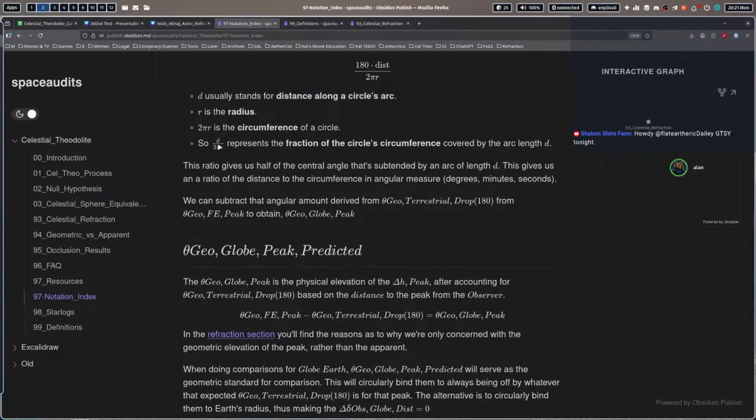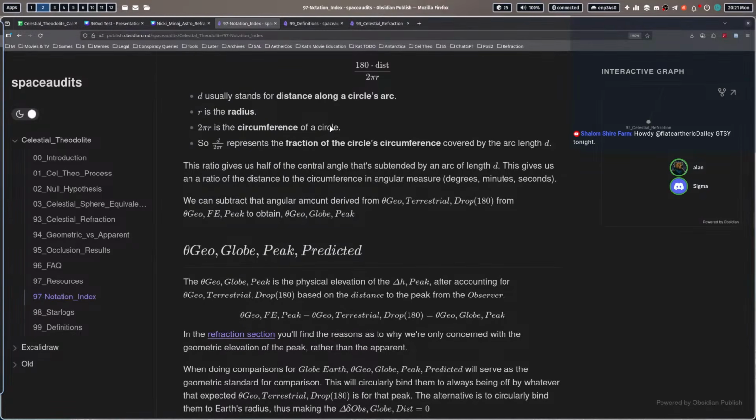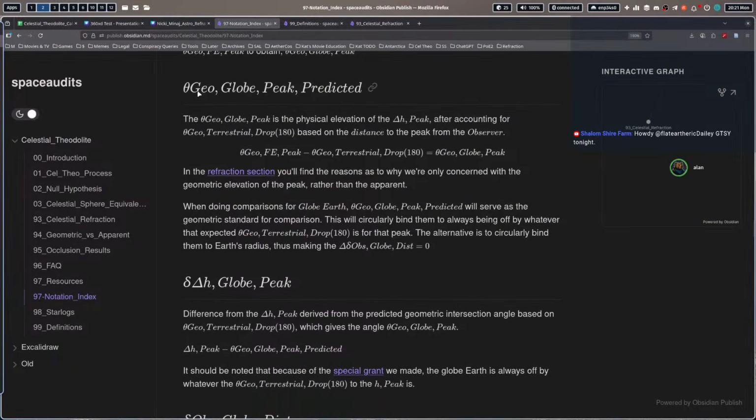All right, so to walk through what we're going to do with that, we just subtract that now from the flat earth angle, because that's going to give us the drop over distance for that, and that's how we got that. So the theta globe peak predicted now is their geometric intersection point.